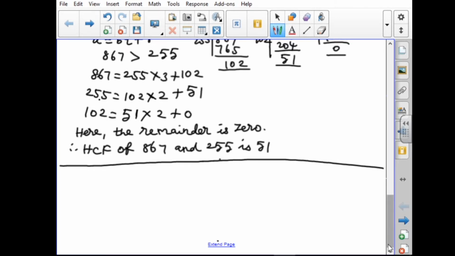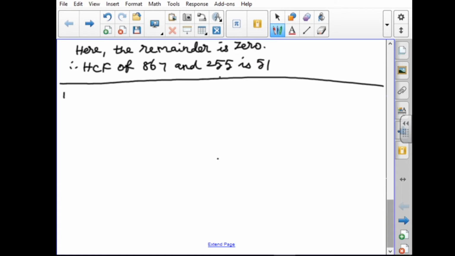Now let us see the third one. The third one, they have given 10,224 and 9,648.